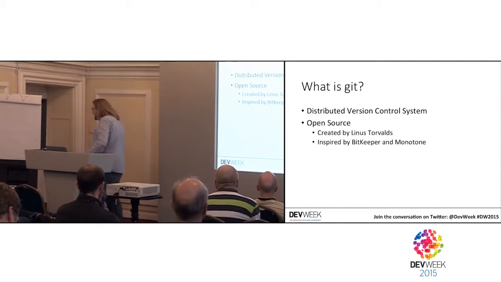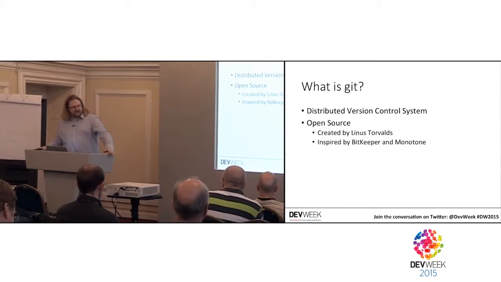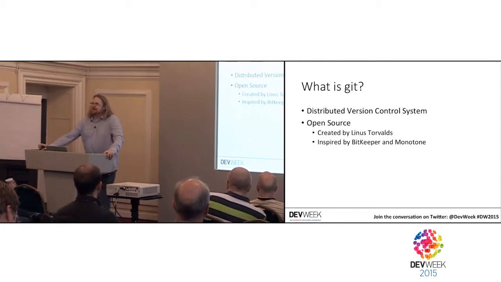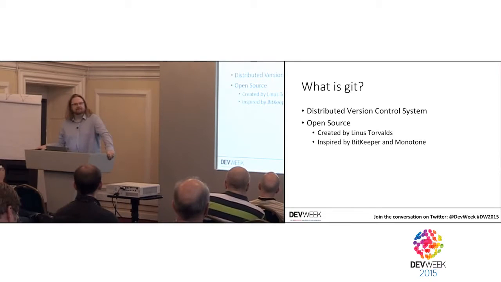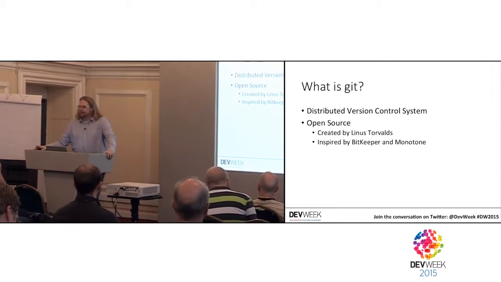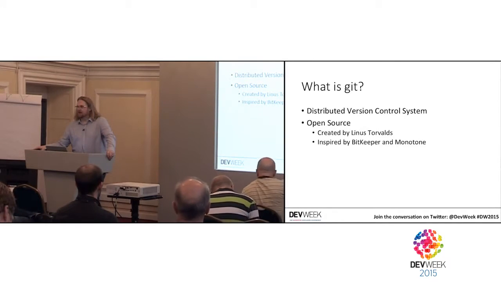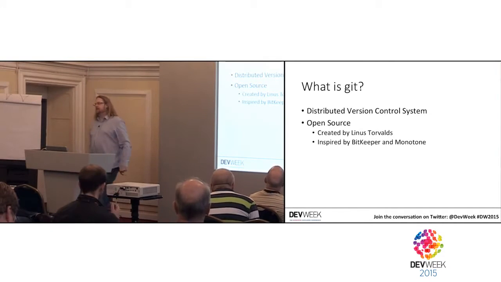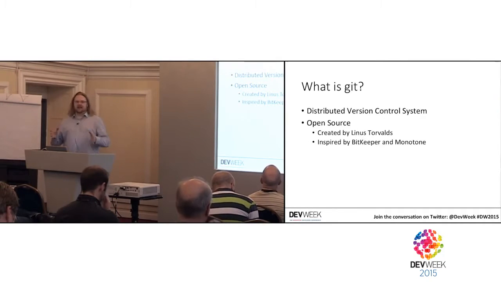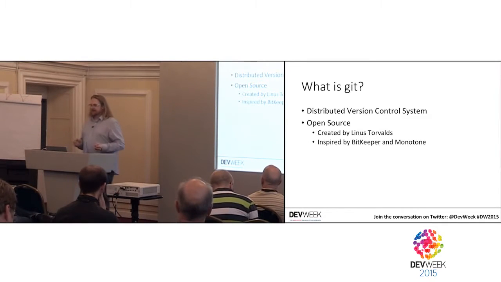So, what is Git? Well, in its basic form, Git is a distributed version control system. But you already knew that. So what do I mean by distributed? Who here has come from a background of using things like Subversion or Team Foundation Services? Brilliant. The difference between Git and TFS is that it's disconnected.